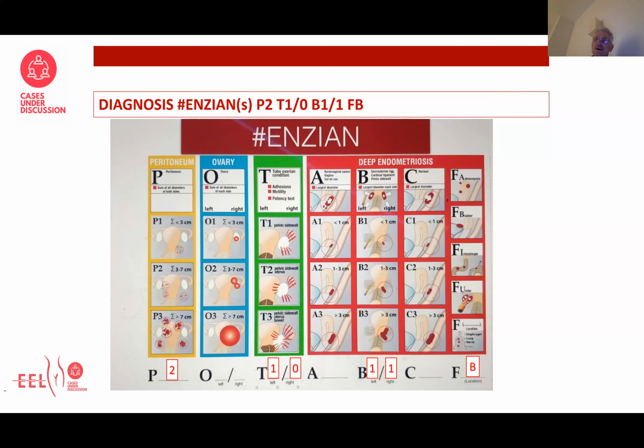We have to be very eager to have the same classification pre and post-operatively. This is now a kind of quality control.